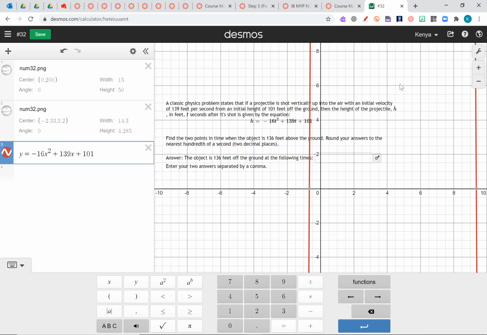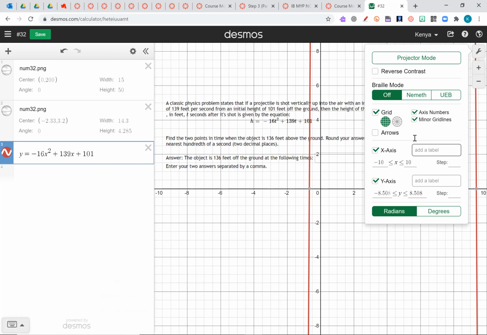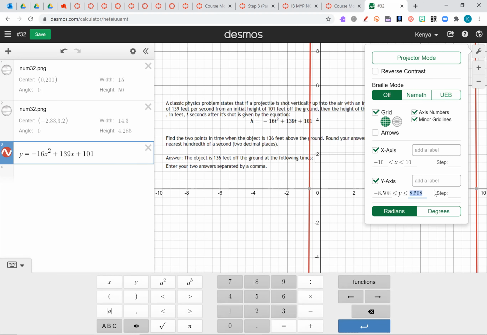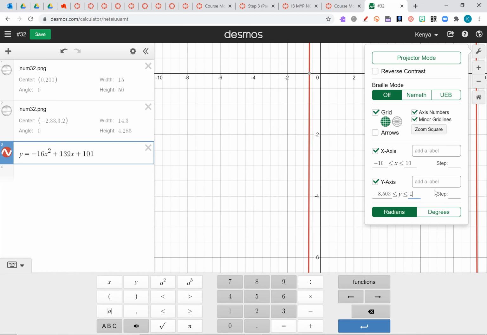What I can't see is the height of the parabola. I already know I need to go high because I need to figure out what 136 feet is, and here I am at 4. So I need to adjust my visible range to accommodate the 136. I'm going to change it to say 150.